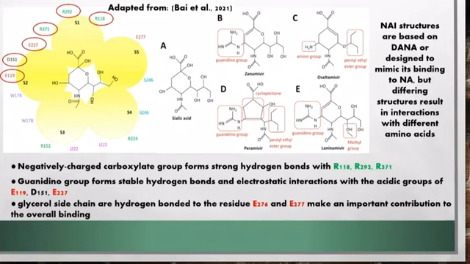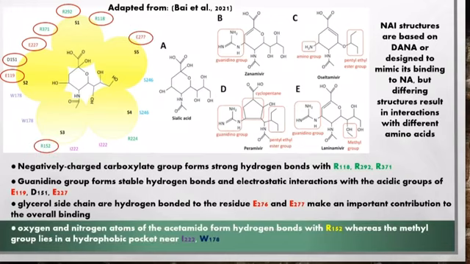The glycerol side chain is hydrogen bonded to the residues glutamic acid 276 and 277, to make an important contribution to the overall binding of neuraminidase to the inhibitors. Oxygen and nitrogen atoms of the acetamido group can form hydrogen bonds with arginine 152, whereas the methyl group lies in a hydrophobic pocket near isoleucine 222 and tryptophan 178.